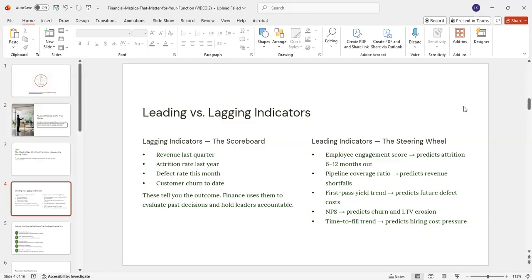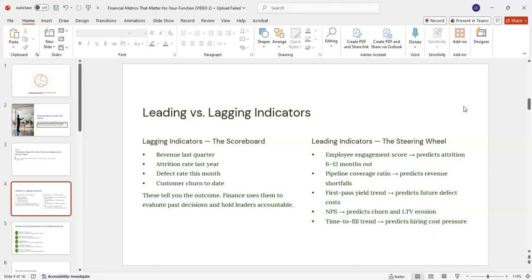Investments that often get sidelined or pushed back because they are not high priority or don't appear as high priority in the moment. And by using these leading indicators, you can make the case for preventive investments by showing the financial consequence of inaction well before the problem hits the P&L.